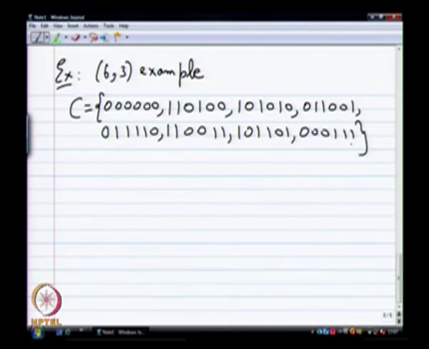Am I right? So, this is the 6,3 code. This is the same code that we have been using all along from day 1, I think. So, let us try and write down some expressions here.